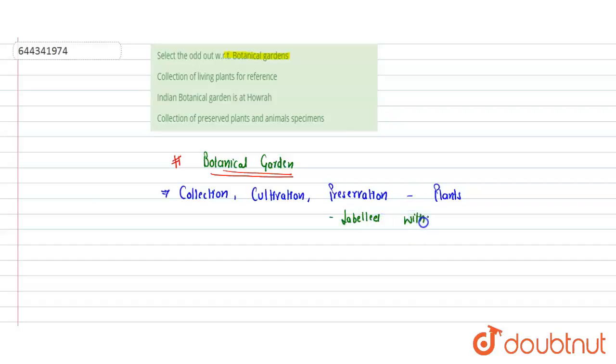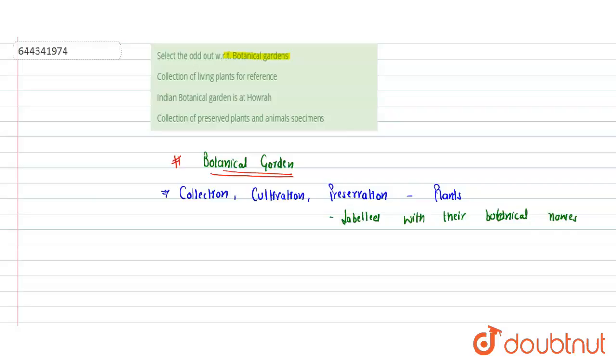That is the botanical garden. It is a place where a wide range of plants are conserved, preserved, cultivated and kept as specimens labeled with their botanical names.